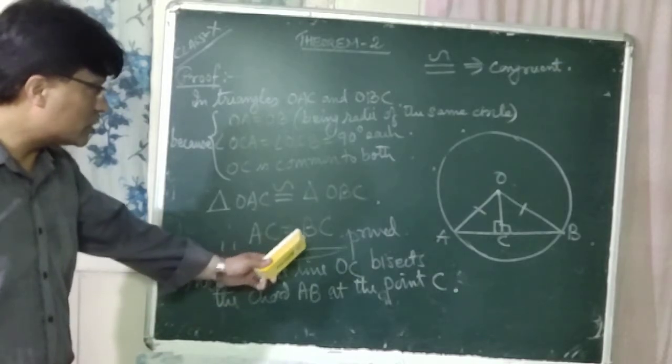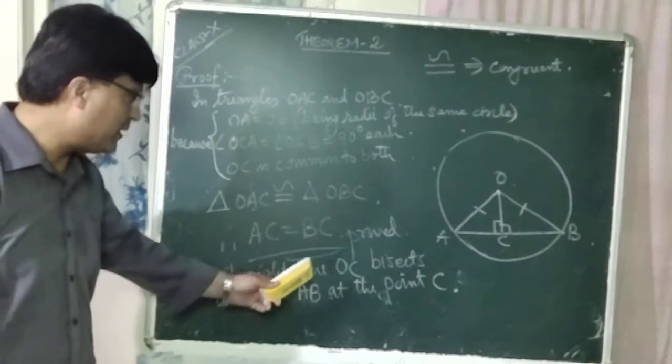The straight line OC bisects the chord AB at the point C.